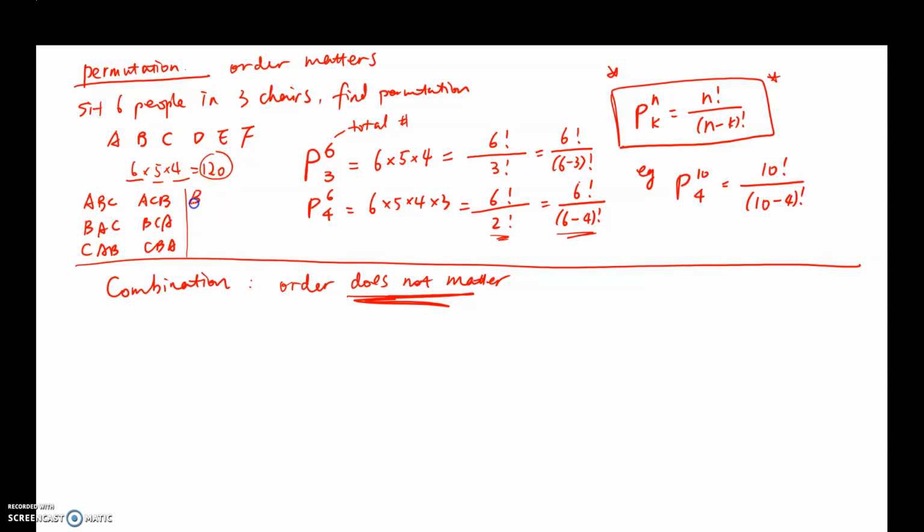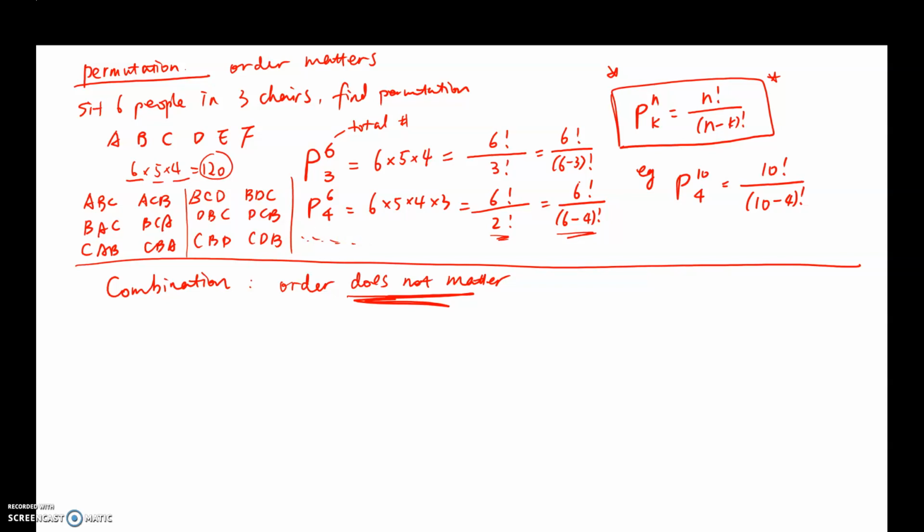I could also do B, C, D, B, D, C, D, B, C, D, C, B. I could do C, B, D, C, D, B. Okay, it could go on and on until I finish 120, right?